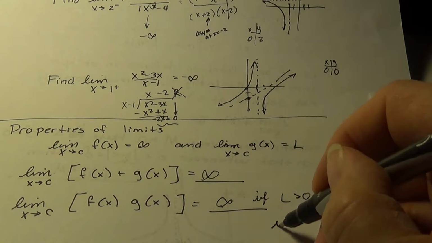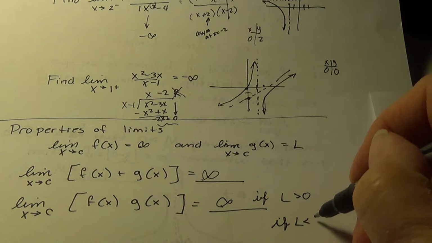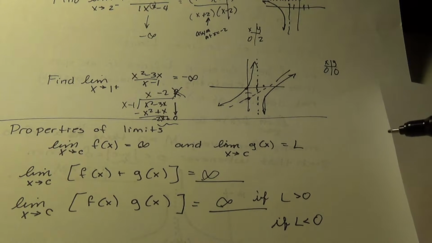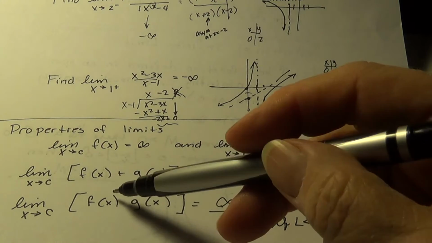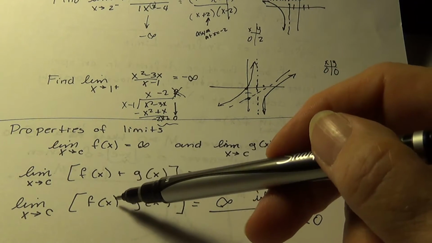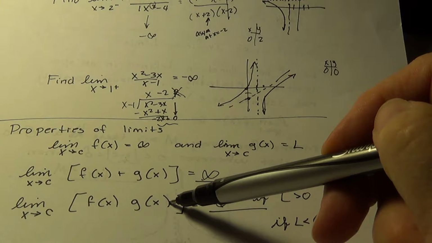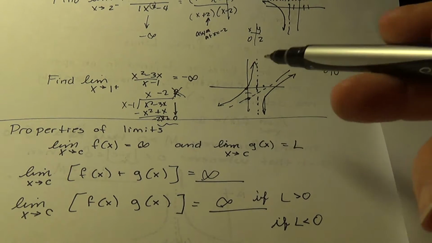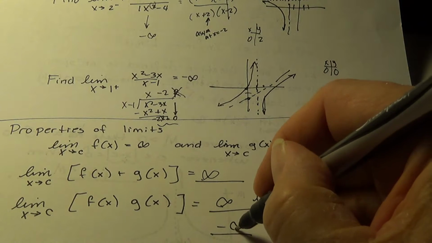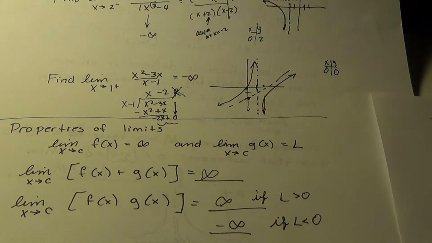If L is negative, then we have an infinite times a negative constant, and that would give us a negative infinity. So L can change the direction of the infinity.